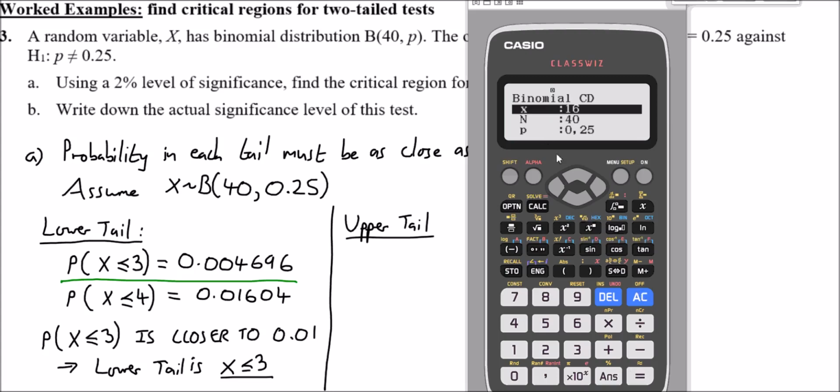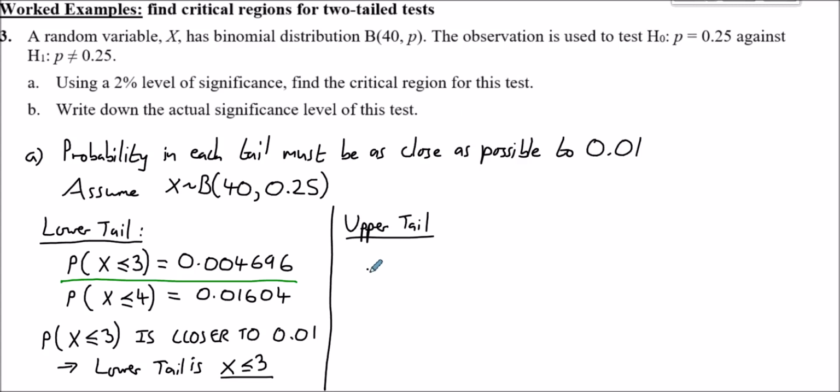Okay, so here, that's up to and including 16. So the probability of X being 17 or greater is 1 minus the probability we just worked out, the probability of X being up to and including 16.